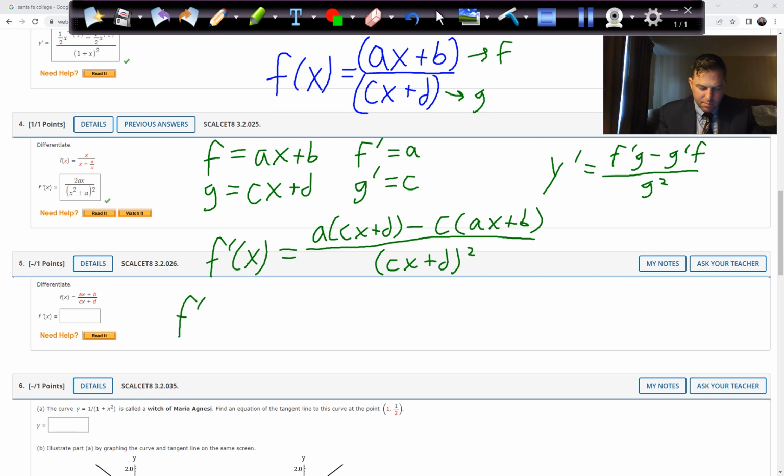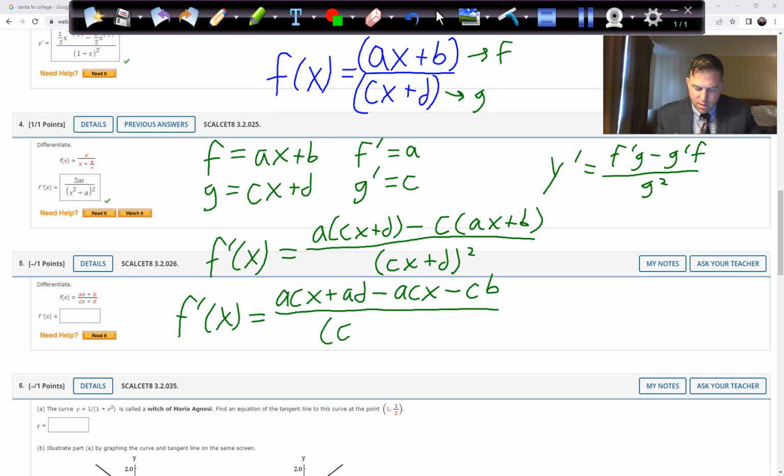Okay, the top, when we expand this, is going to be acx plus ad minus acx minus cb, all over cx plus d squared.